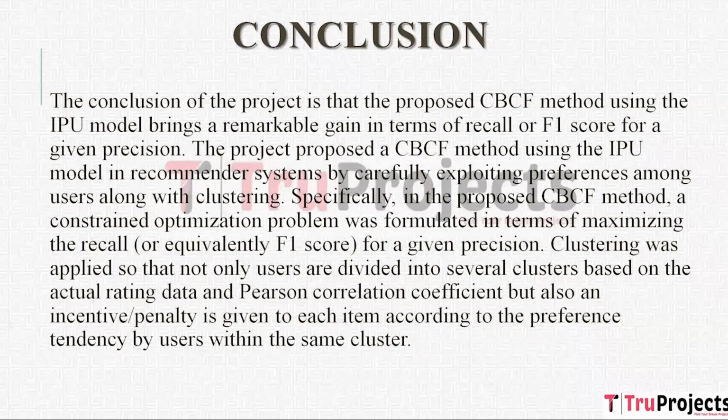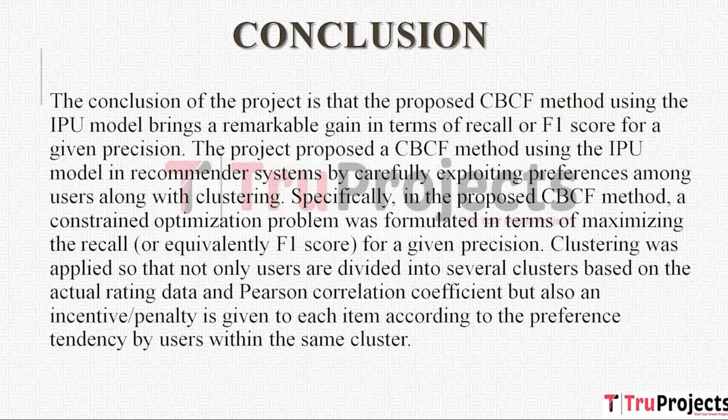The project's conclusion is that the proposed CBCF method employing the IPU model results in a notable improvement in recall or F1 score for a particular level of precision. The project suggested a CBCF technique for a recommender system that properly exploits user preferences in addition to clustering. A constrained optimization issue was specifically framed in the suggested CBCF technique in terms of maximizing recall or alternatively F1 score for a certain precision.